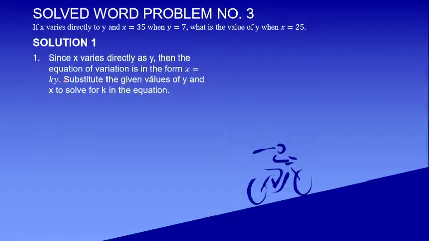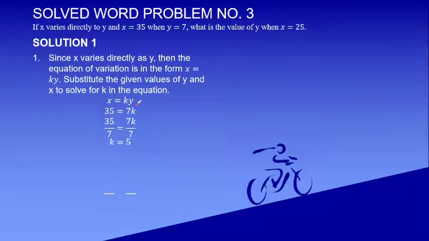Bakit ganito? As x varies directly as y, so in the equation that automatically multiplied to k, then substitute the given values of y and x to solve for k in the equation. Then, substitute nyo yung x as 35 and y as 7, so 35 equals 7k.